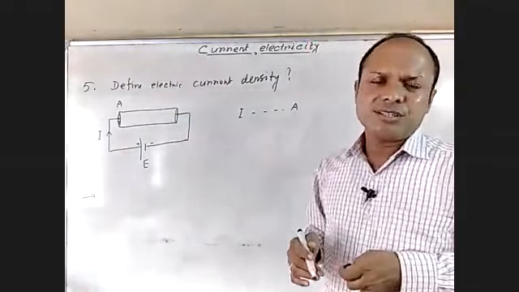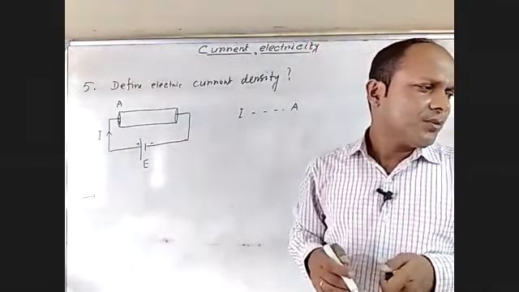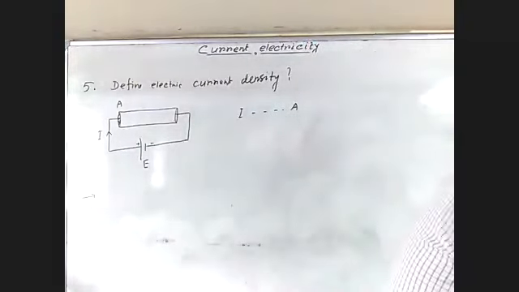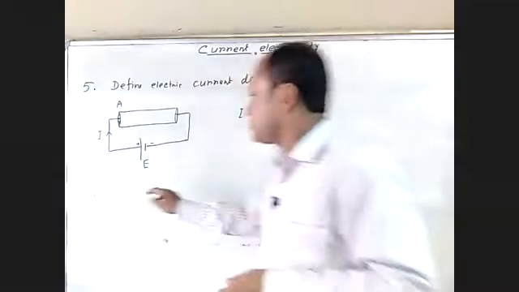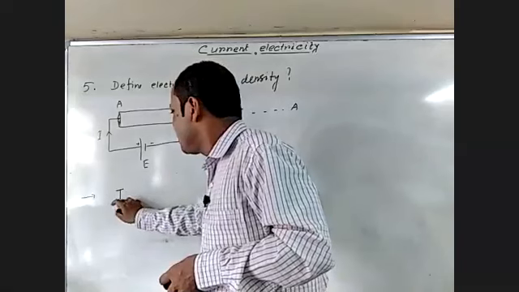Per unit area, whatever current is flowing, this is termed as J.